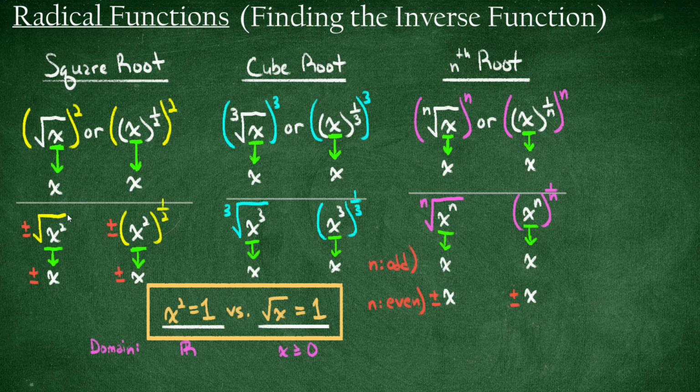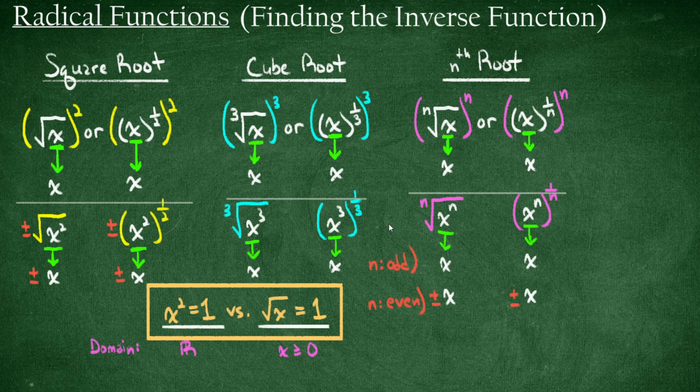However, going the opposite direction, if I start with an x squared, which has a domain of all real numbers, and I take the square root to eliminate that, the issue is the square root only has a domain of 0 and the positive numbers, or x is greater than or equal to 0. So that won't take care of the entire x squared. We also have to take care of the negatives. So we take not just the positive square root, but the negative square root as well, which is why we have to list this plus or minus.